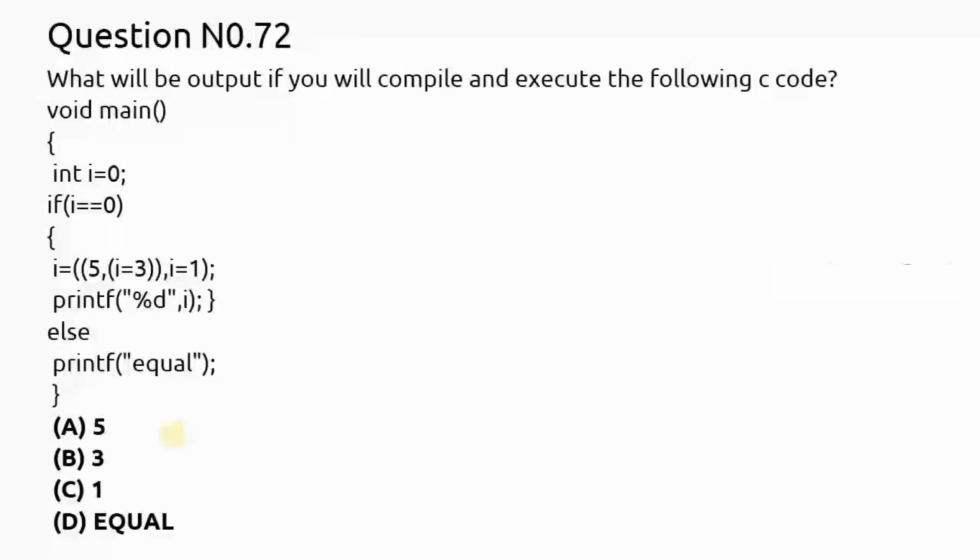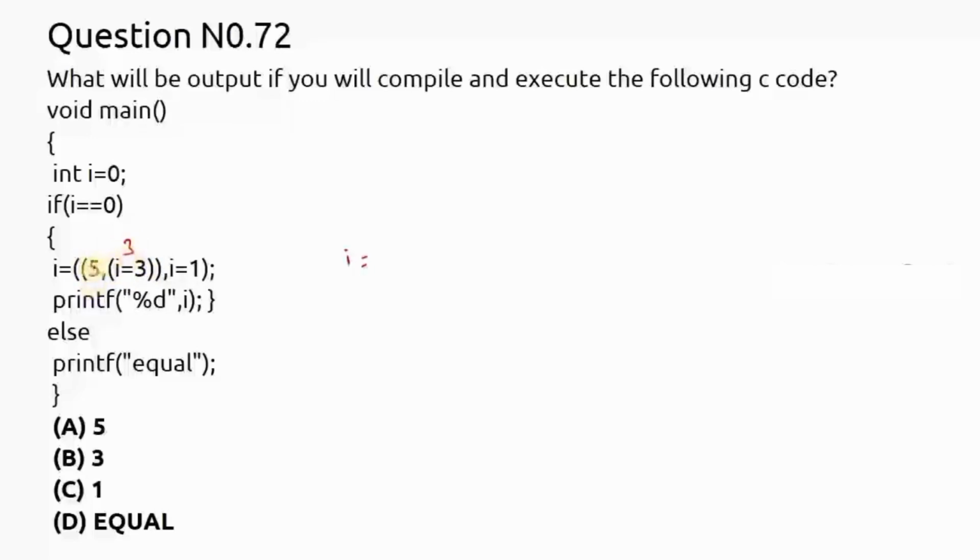Now going to the next one, question number 72. Here, a similar problem, but here we see int i equals 0. Here it is checking the condition 0 double equals 0. Of course the condition is true, that's why it will go inside the if condition. Now if you see here, i equals, here it will take first i equals, so braces are first priority. If you consider inside braces i equals 3 here, so 3 will be taken here.